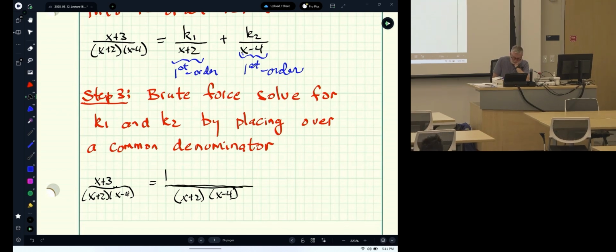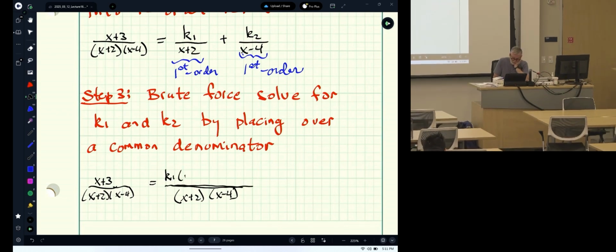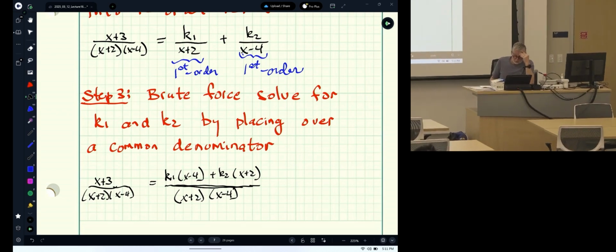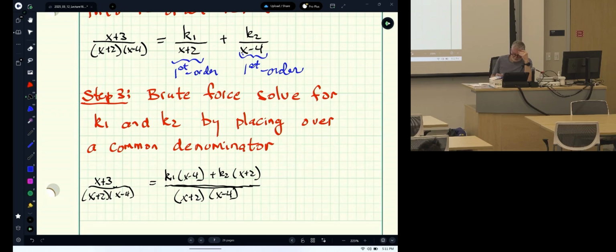That's what I'm going to do. So this would be K1 times the x minus 4. And then the K2 has to multiply the x plus 2. That's just how you put things over a common denominator. So I multiply the first term by x minus 4 over x minus 4, and the second term by x plus 2 over x plus 2. And that's what I've done there.